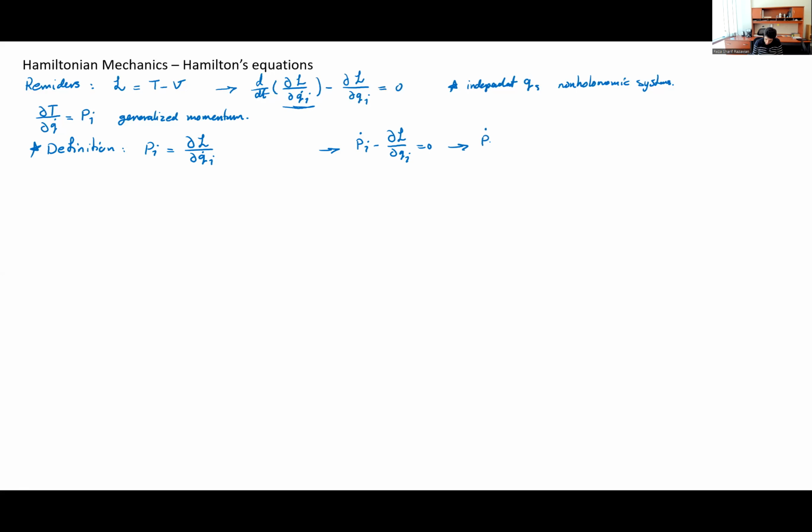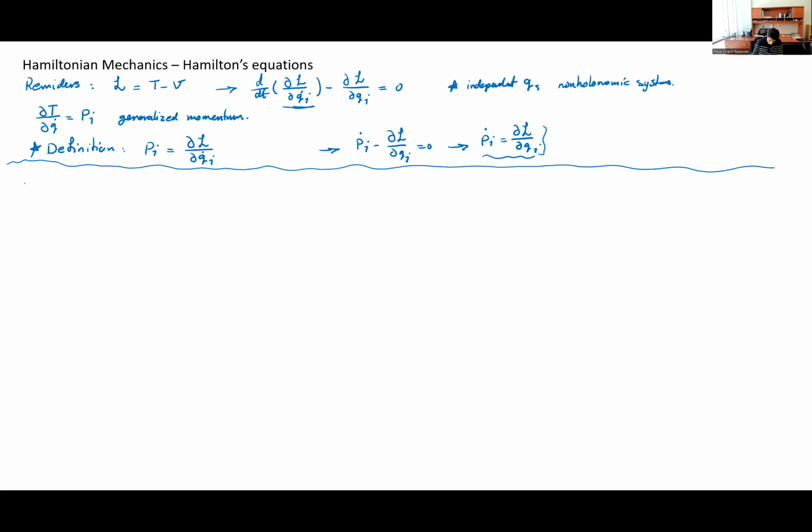In fact, p dot is partial L, partial qi. We already know this. Okay, these are the refreshers I wanted you to remember.